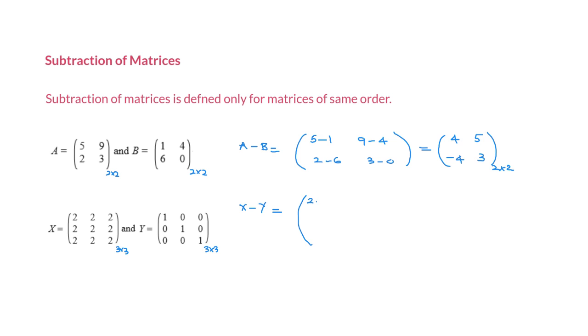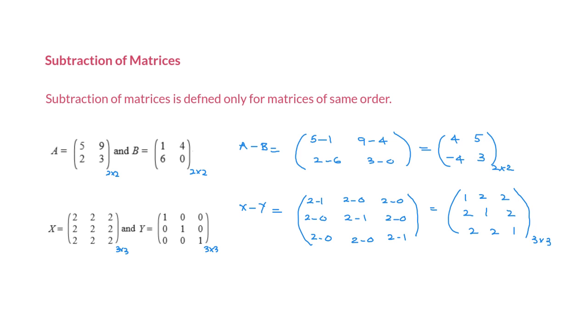You have to subtract corresponding elements there. 2 minus 1, 2 minus 0, 2 minus 0, 2 minus 0, 2 minus 1, 2 minus 0, 2 minus 0, 2 minus 0, 2 minus 1. So what's the answer? 1, 2, 2, 2, 1, 2, 2, 2, 1. This is also 3 by 3.